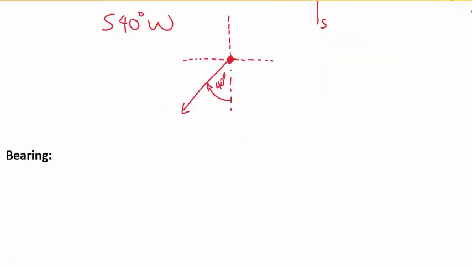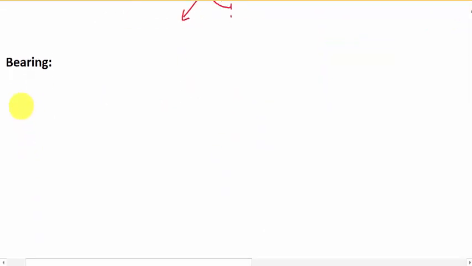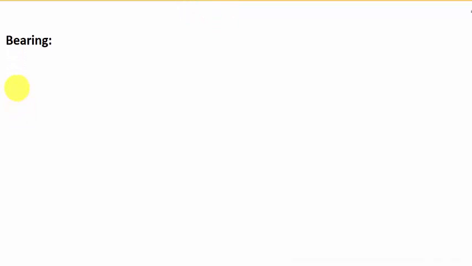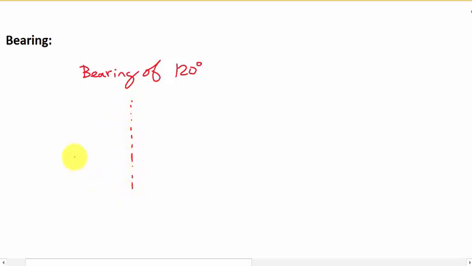Let's take a look at bearings. And usually bearings are used in sailing and stuff. Anyway, let's say I have a bearing of 120 degrees. So what do you do? In this case, again, you have your lines here.